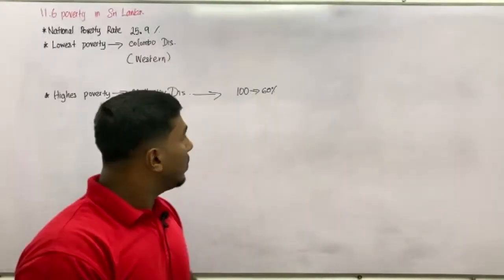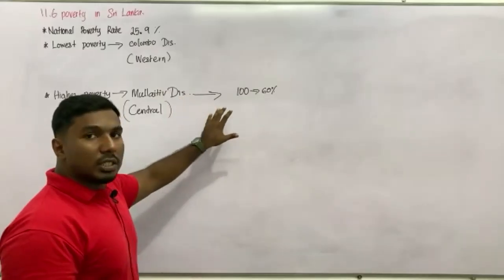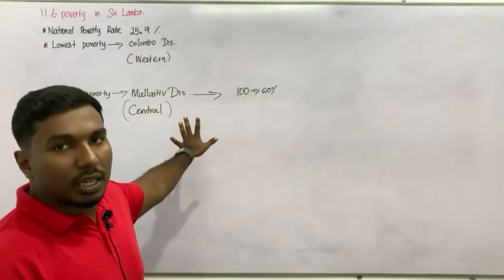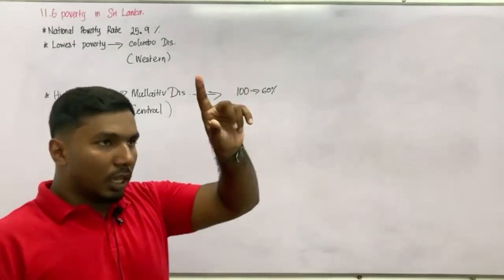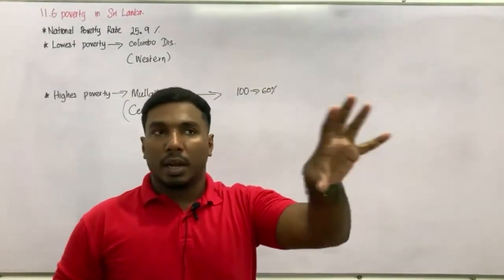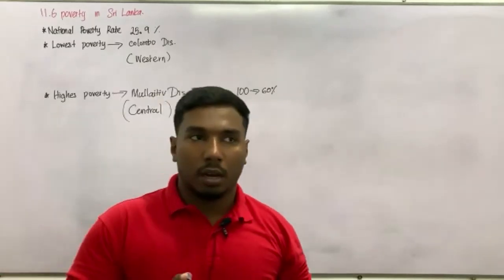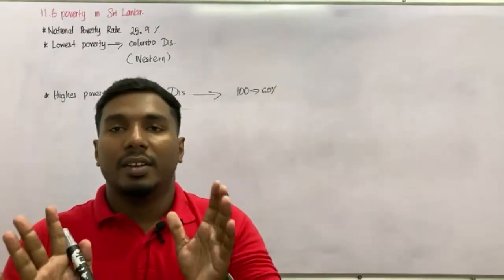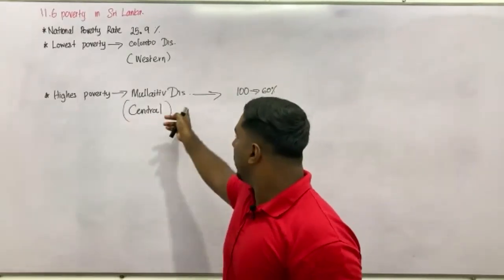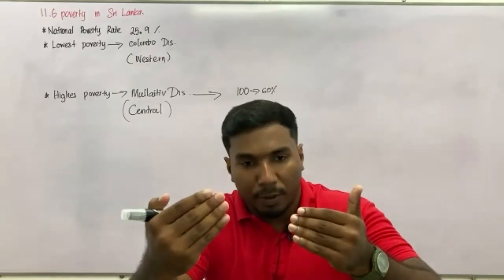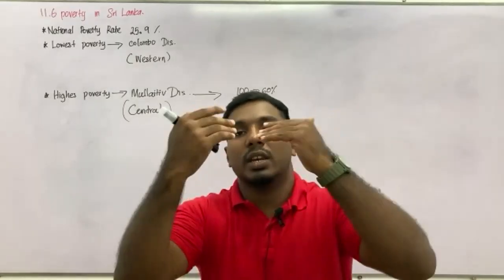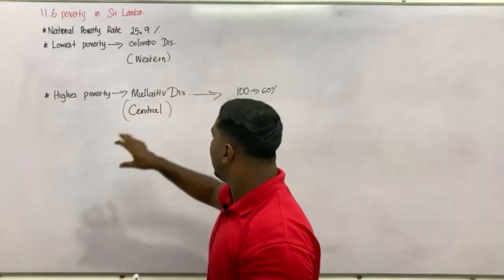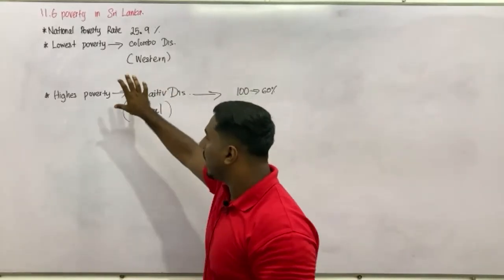That's why the Northern Province does not come as the highest poverty province in the country, because areas like Jaffna, Mannar, and Vavuniya are in a very good state. But in Mullaitivu, the number of people who live there is very small, and the income is very low. So that's why Mullaitivu district is categorized as the highest poverty.